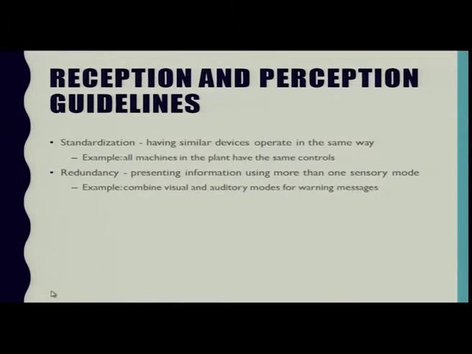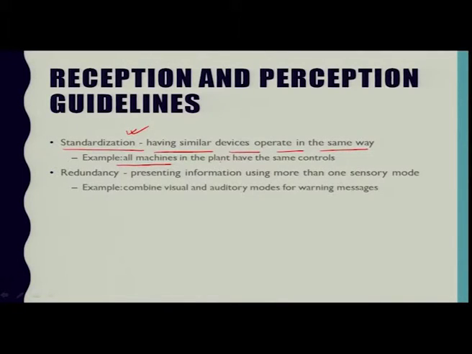Reception and perception guidelines, in that, standardization is an accepted principle in nearly all design situations. In ergonomic design, it means having similar devices operate the same way. For example, a person can work on one machine and then relocate to another machine, and that second machine has the same kind of control.